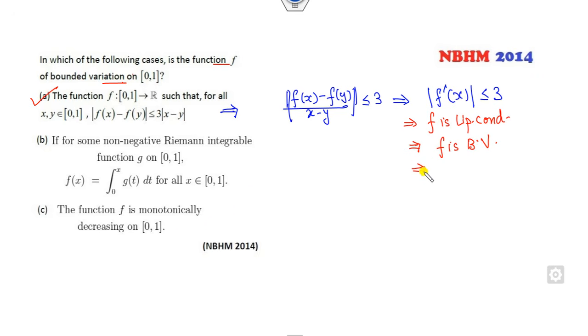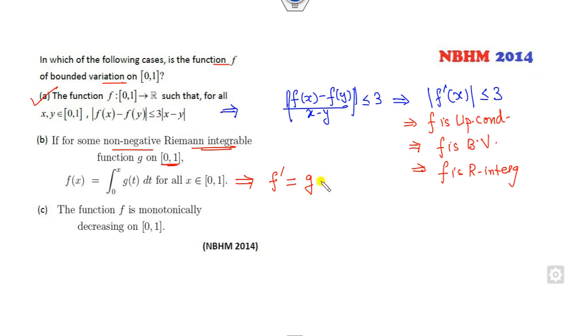If somebody asks you f is of bounded variation, you can also say f is Riemann integrable as well, but they are not asking you. But if somebody asks you, you can check also. For some non-negative function Riemann integrable on the closed interval, here again you can simply take the derivative.